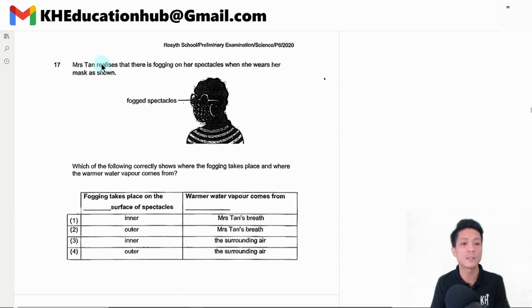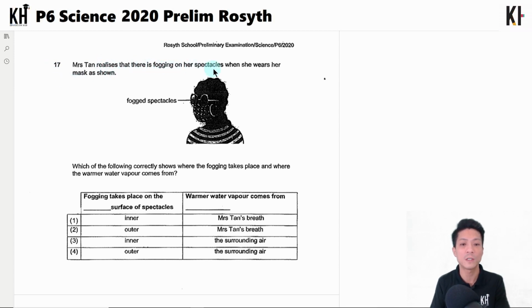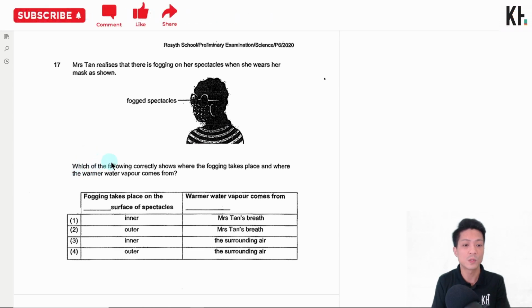Question 17, Mrs. Tan realizes that there is fogging on her spectacles when she wears her mask as shown. I'm sure a lot of you who wear spectacles experience this also when you put on the mask. Which of the following correctly shows where the fogging takes place and where the warmer water vapor comes from?